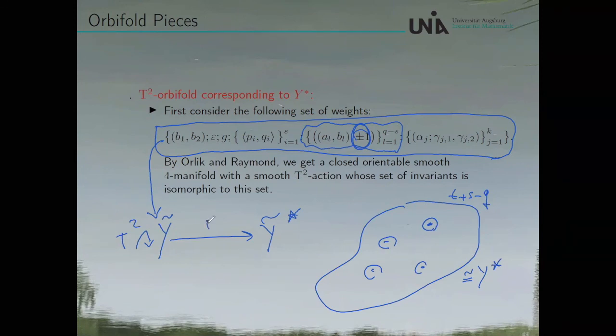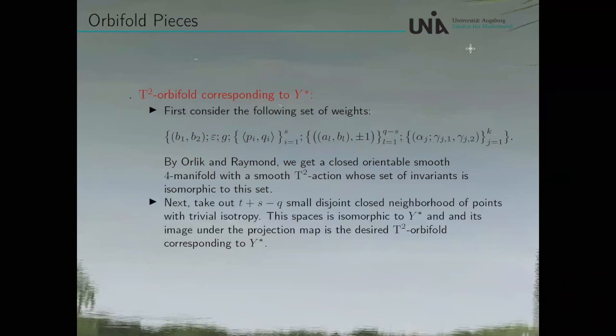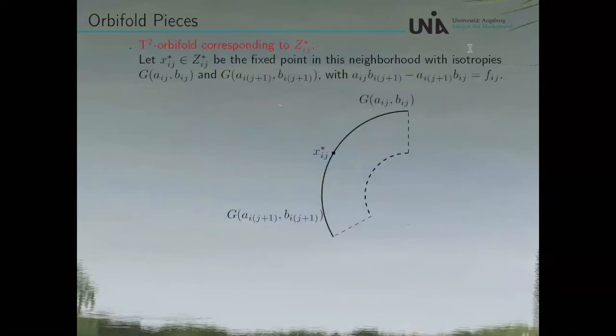Okay, then I take pi inverse of y star. This is the first orbifold. This is actually a manifold. Okay, this is one part. And then, around the singular fixed points, we have such a neighborhood.